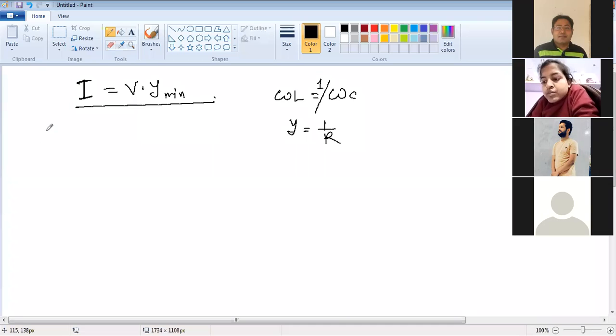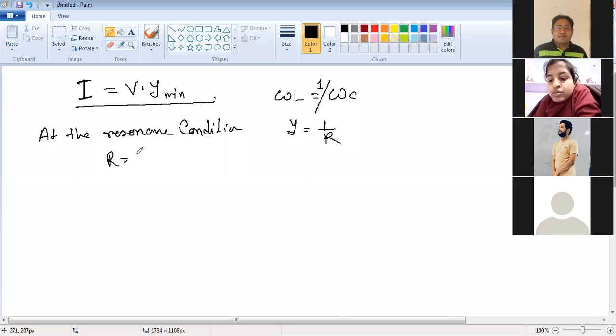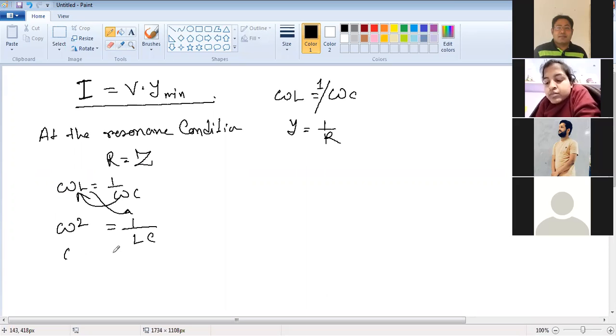At the resonance condition, we know R became the total impedance, that is the maximum. Okay, and omega L equal to 1 by omega C, or we can write this omega coming to here, and this L coming to here, so it becomes L and C. So omega equal to 1 by root under LC.